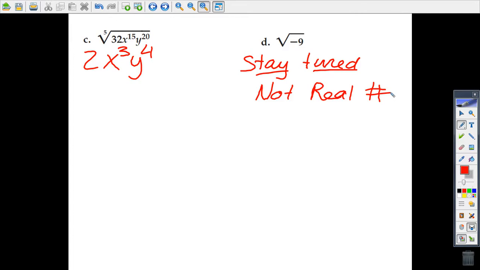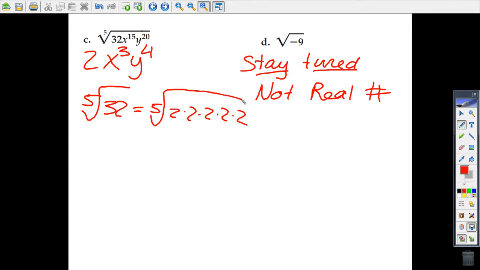Xander. Wouldn't the 2 be a 3? Well, the 2 has to do with the 32 that I'm taking a 5th root of. So if I take the 5th root of 32, and you factor 32 in prime factors, you're going to end up with 1, 2, 3, 4, 5 2's. So the 2 comes out.